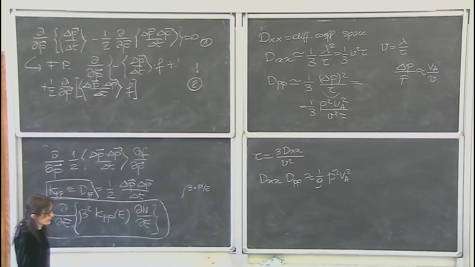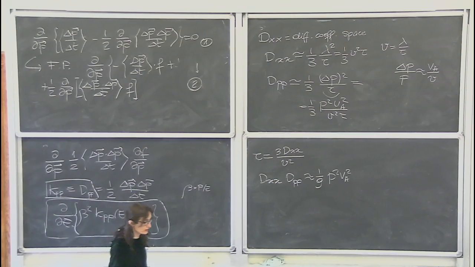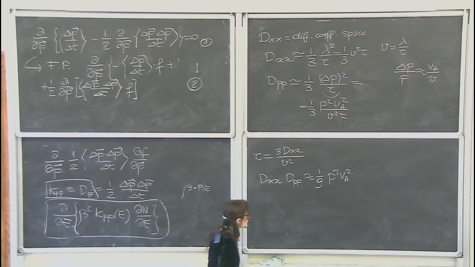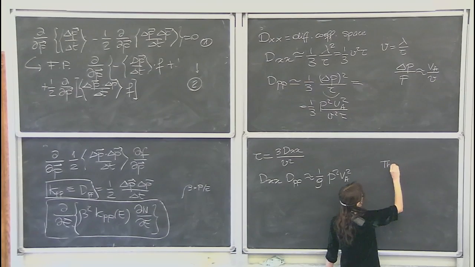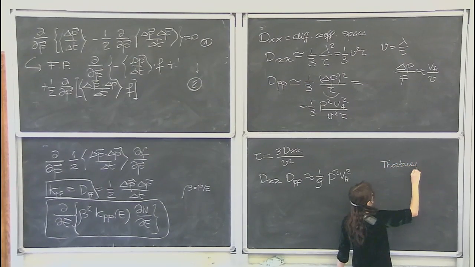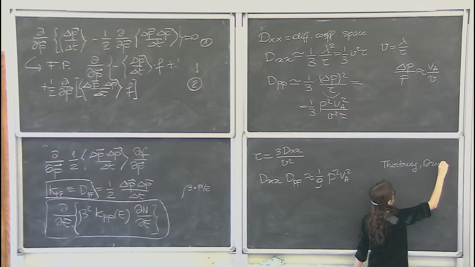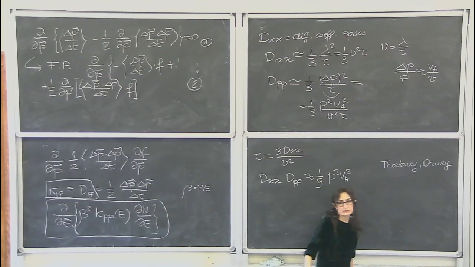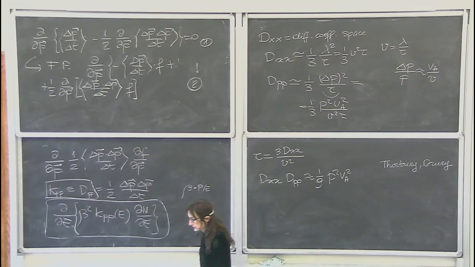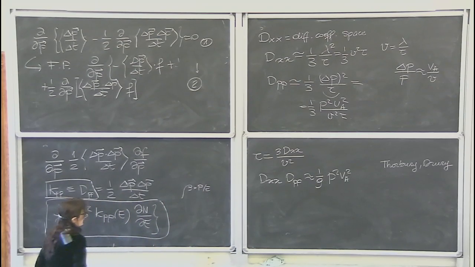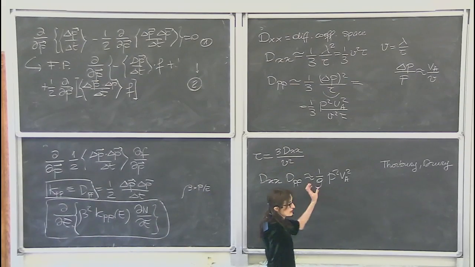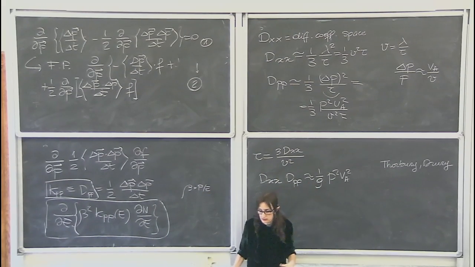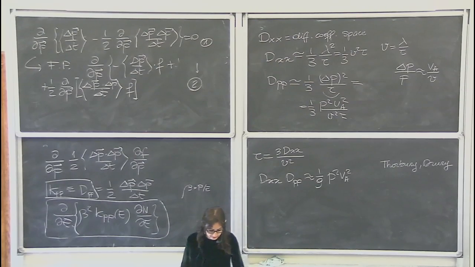So this is an approximate derivation. If you're interested, see a very short paper by Thornbury and Luke Drury, written a few years ago, in which they make this kind of reasoning. This coefficient, you can then compute exactly depending on the exact theory you are dealing with.